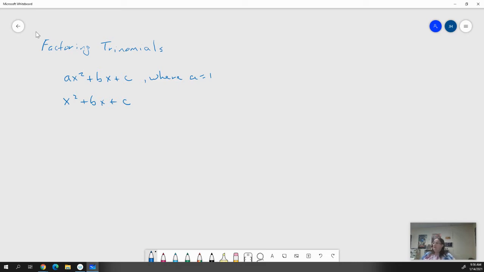If I had x squared plus bx plus c, the factors would come out to be x plus something, x plus something else. If I had x squared minus bx plus c, my factors would come out to look like x minus something, x minus something else.